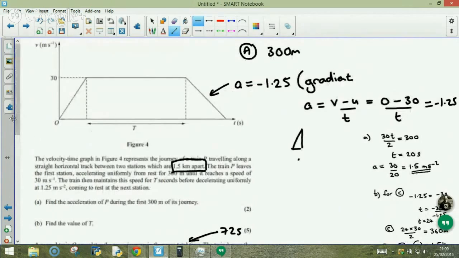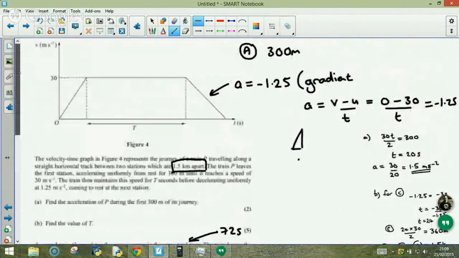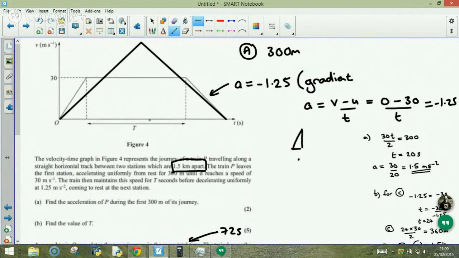If you think about that, it accelerates and then immediately decelerates, so it's going to be a triangle. It's going to look something like that.